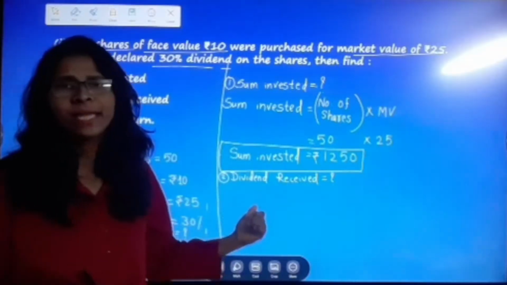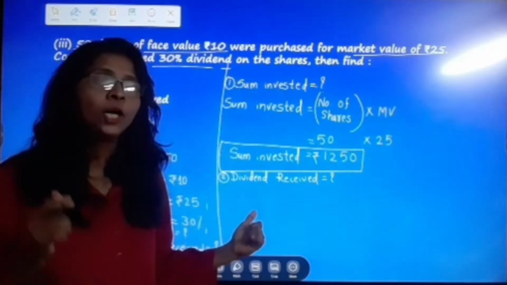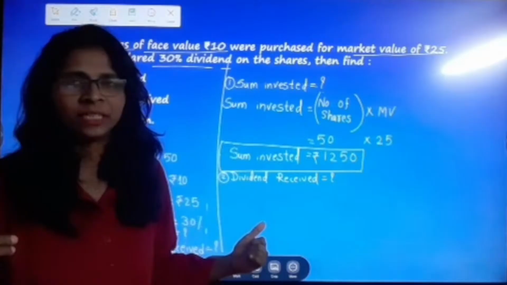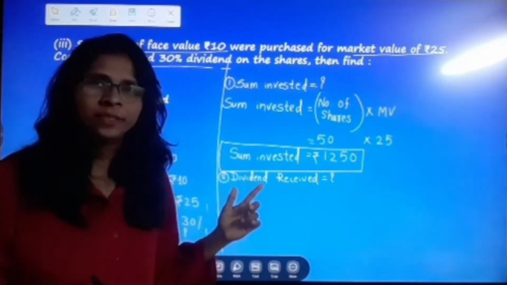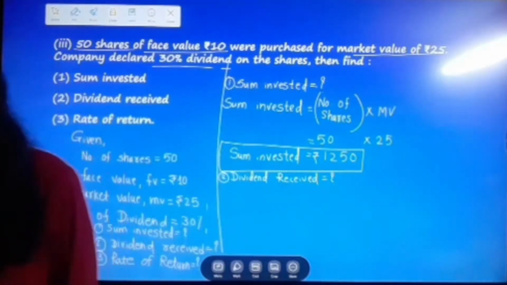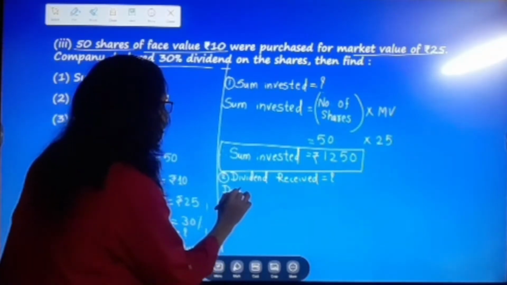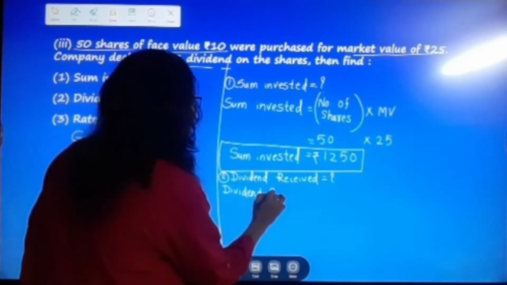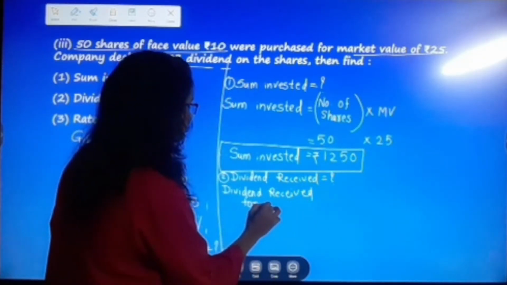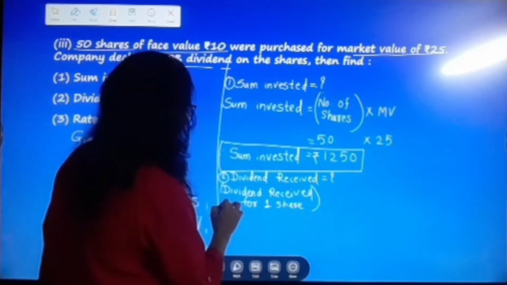We have to calculate the total dividend received for 50 shares, but first we calculate the dividend for one share. So I write down dividend received for one share.